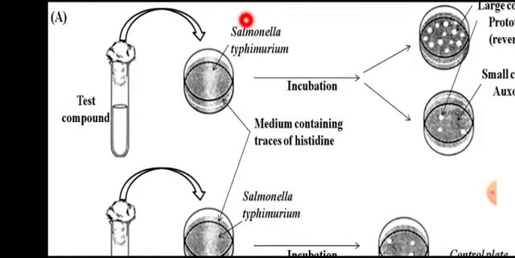Remember that this Salmonella typhimurium is an auxotrophic mutant and therefore it will not grow in absence of histidine. Therefore, the medium which is used should contain a little concentration of histidine, just to support the growth.